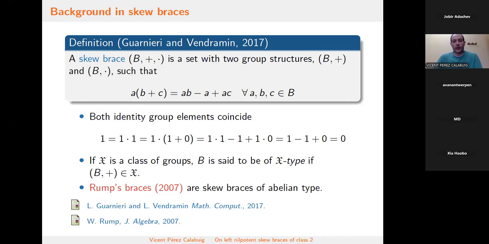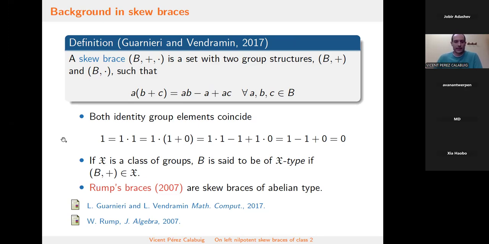Later on, Guarnieri and Vendramin gave the general definition where both groups are not necessarily abelian. So we can see Rump's braces as skew braces of abelian type.